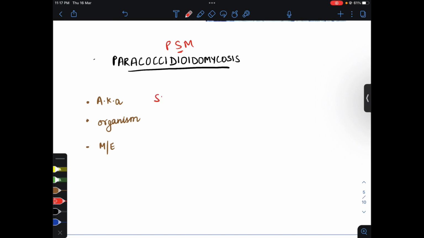So this is found in the region of South America, also known as blastomycosis.